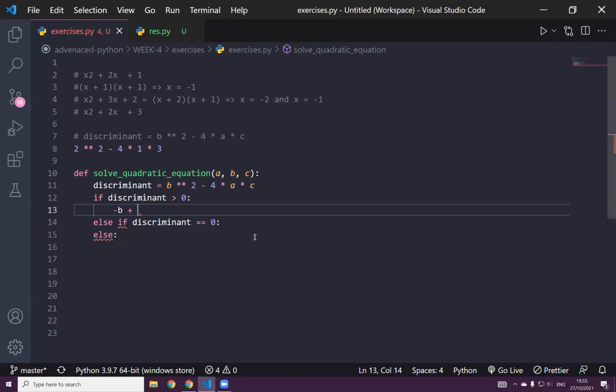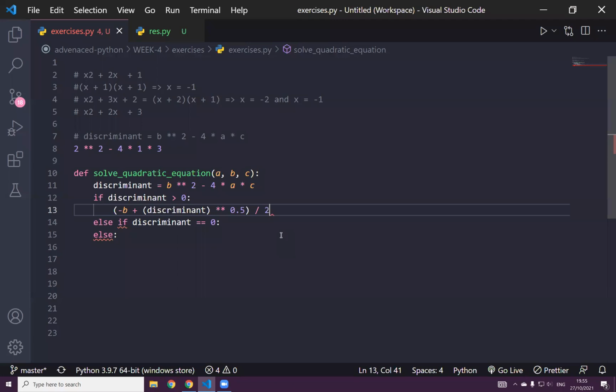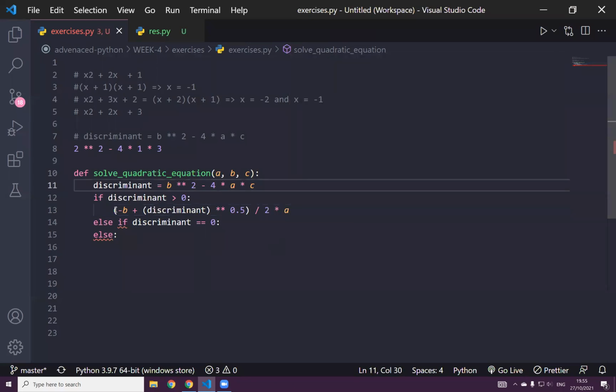I can say discriminant, and then if I just do this 0.5, that's the power. And then I can enclose this and divide by 2 times a. And this is one of the solutions.